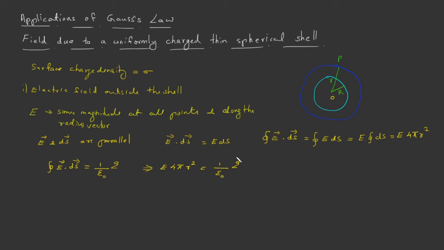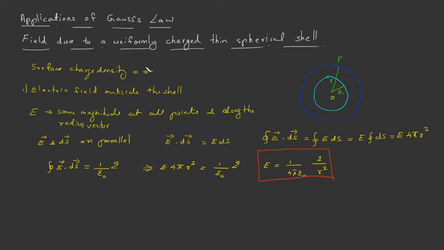And if we take the charge of this spherical shell as Q, then we can write E into 4 pi r square is equal to 1 by epsilon 0 times Q. Or we can write the electric field at a point outside the spherical shell is equal to 1 by 4 pi epsilon 0 Q by r square, where Q is the charge of this thin spherical shell, and r is the distance from the center of the shell to the point.